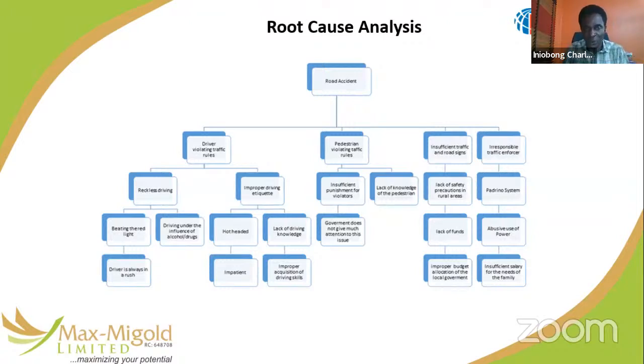It's either the driver was rough, he doesn't follow road signs and all that. Or it can be that the passerby was not thinking before entering the road. Maybe he's just thinking about a problem at home, maybe had a fight with his wife. So you drill down a problem to know the root cause before introducing a solution.